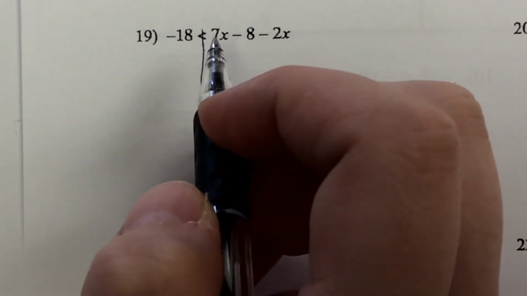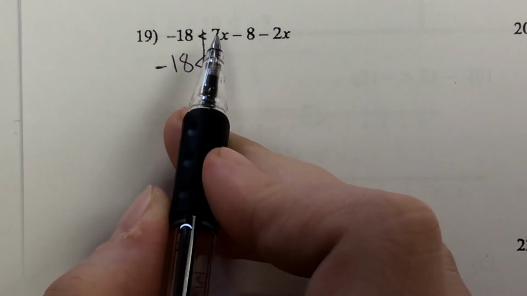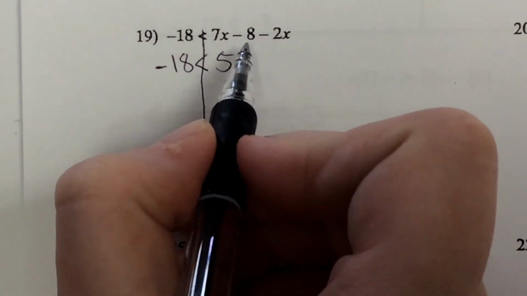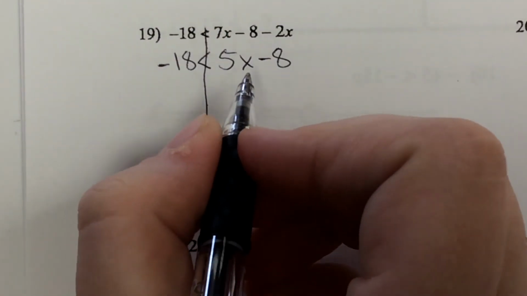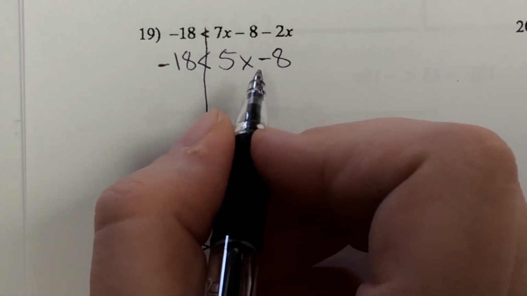All right, first step, -18 is less than, we need to combine like terms. 7x minus 2x is going to be 5x. And then don't forget about -8. Okay, and now we can go ahead and solve. Remember, we're solving for this variable x. We need to leave that alone and move everything else. So let's add 8.